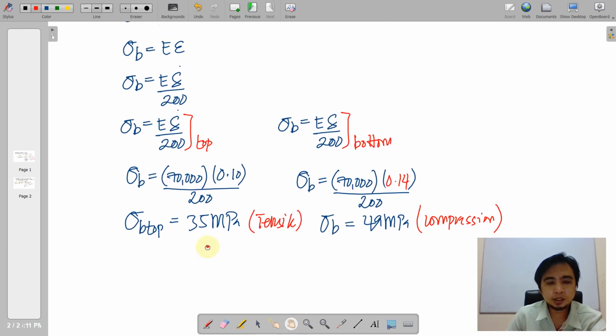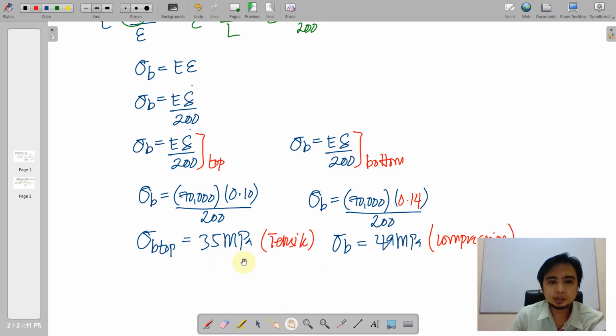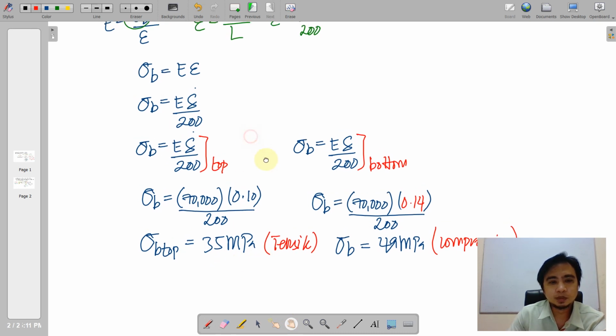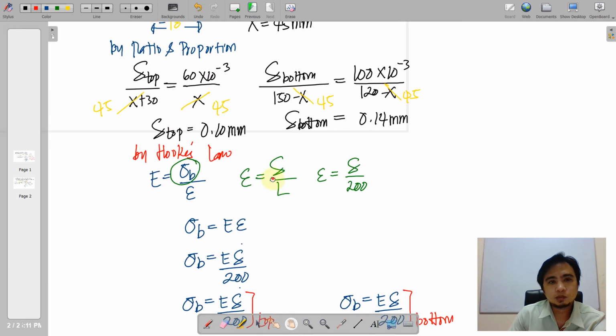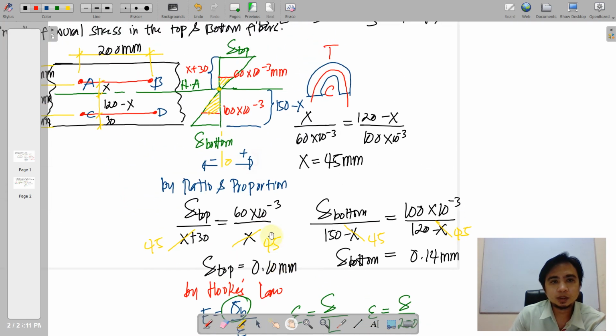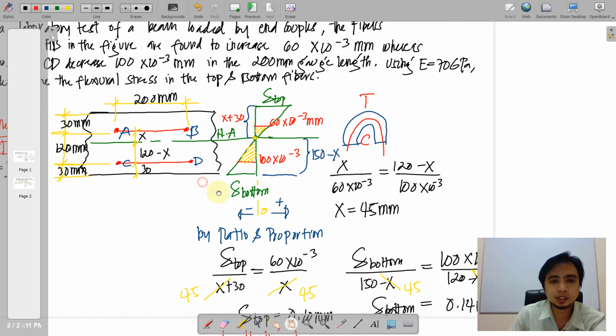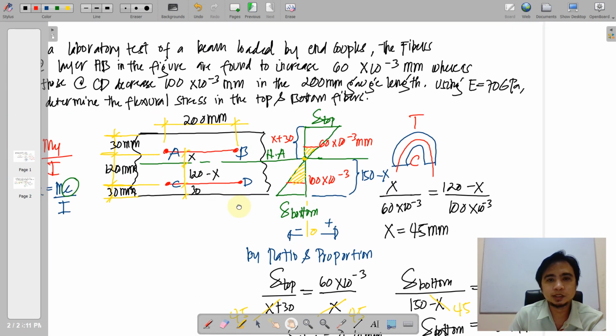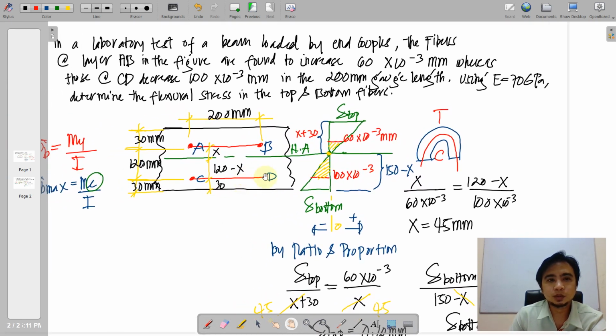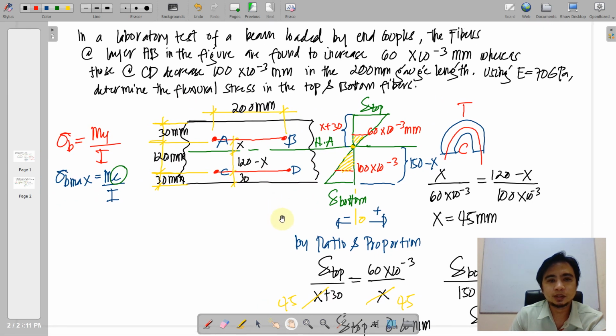So as we can see, we have here the maximum stress along the tensile zone and the maximum flexural stress along the compressive zone. So those are the approaches on this problem.